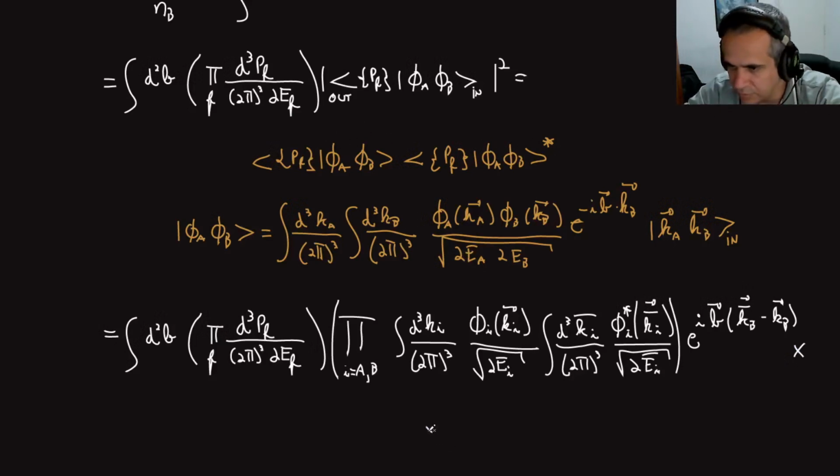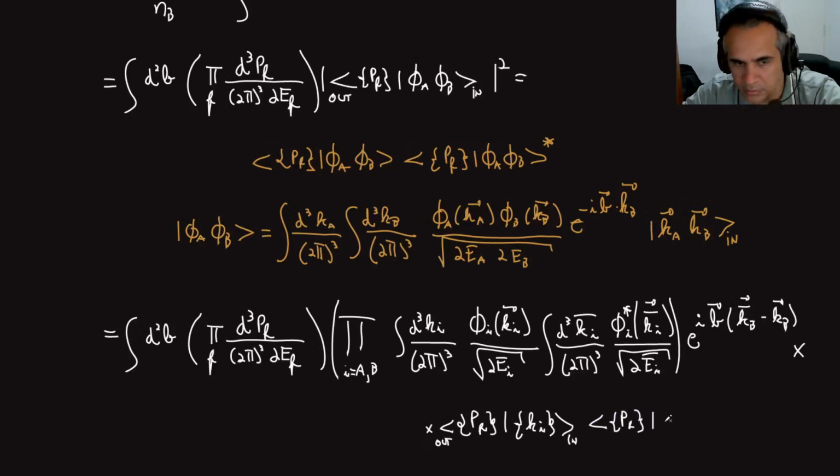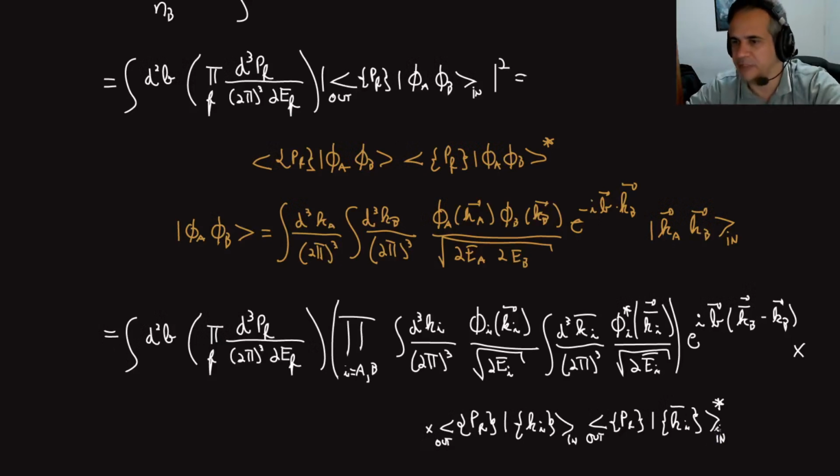So I have P_F of the set of ki, out, in, and I have the complex conjugate, which is just P_F of ki bar star, out, in, which is a big expression, right?